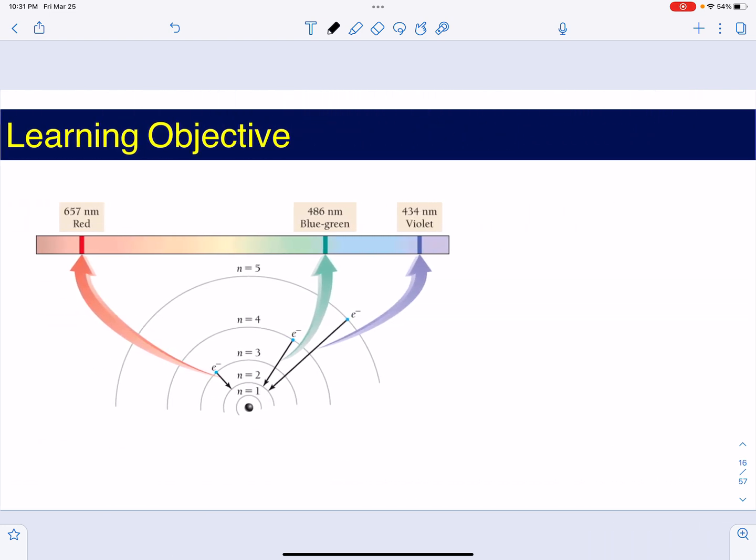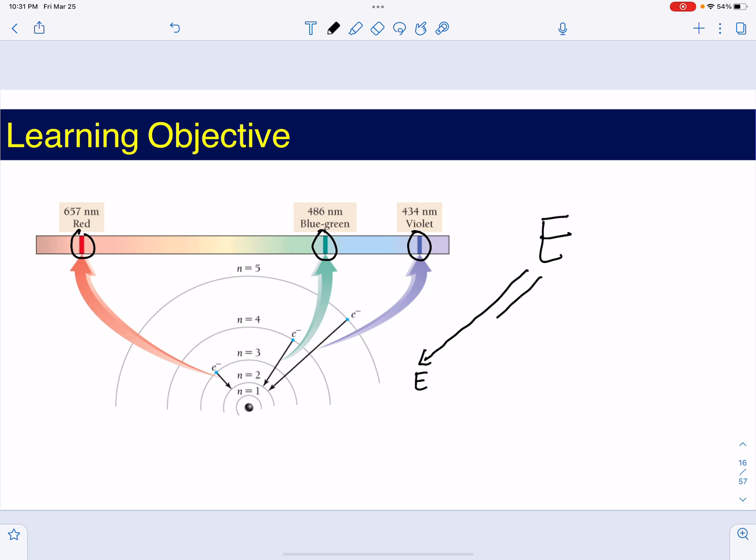And this is what I was saying before. For you to be able to see that there's light coming out is because an electron is returning from a higher level to a lower level. Higher level, we have higher energy. The lower level, we have a smaller energy.